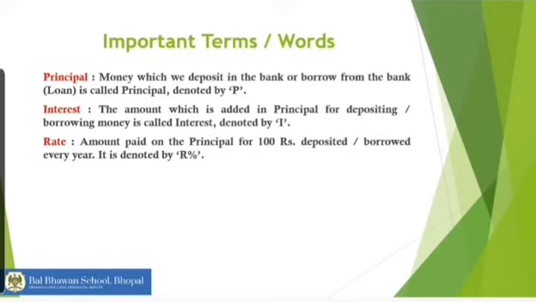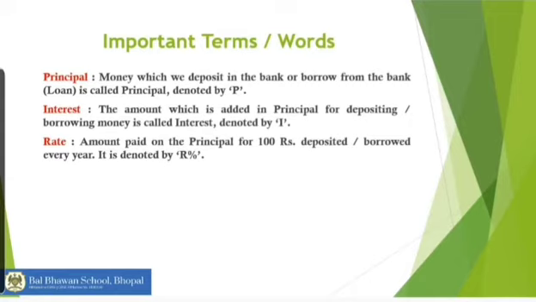That is according to the rate of interest, and that rate is denoted by capital R. Remember, rate is always in the form of a percentage. So, here we studied three things: principal, interest, and rate.